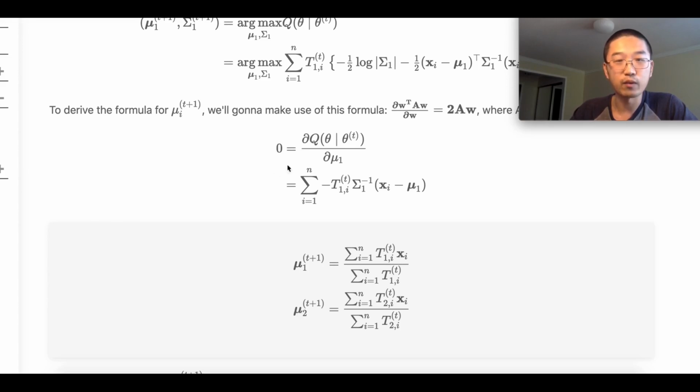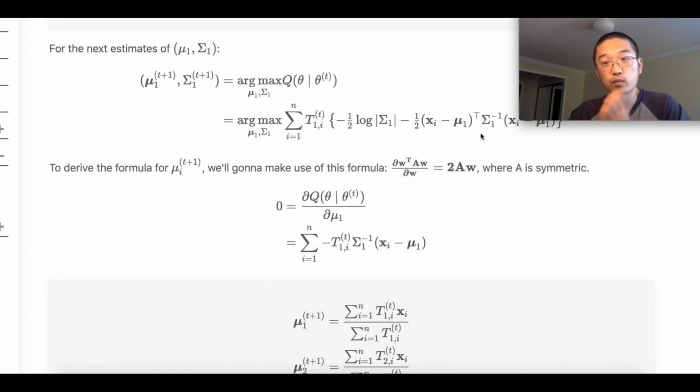Same for mu2. Here we are calculating mu1, but it's the same for mu2. So how do we calculate that term? There's no secret. You just expand the definition of matrix multiplication and then take the derivative.